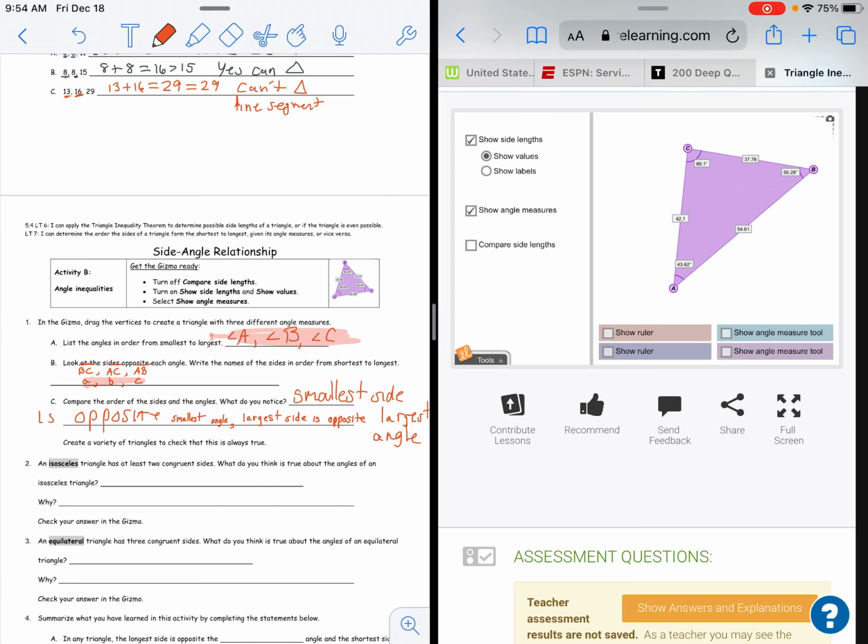By default, the medium side would be opposite the medium angle. This is actually always true for any triangle. The largest angle of any triangle is always going to be opposite the largest side, and the smallest side is always going to be opposite the smallest angle.